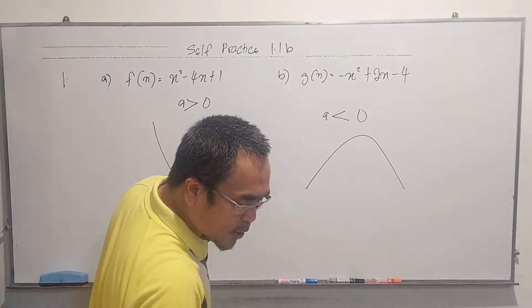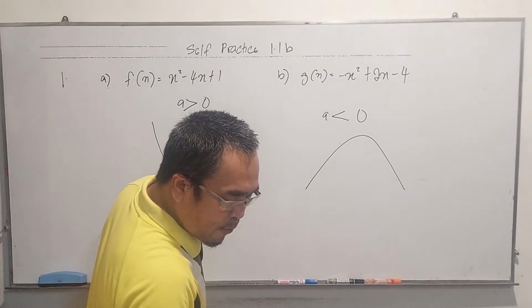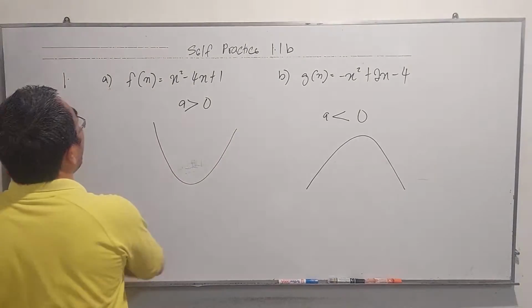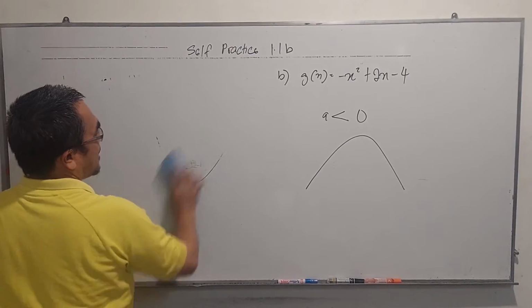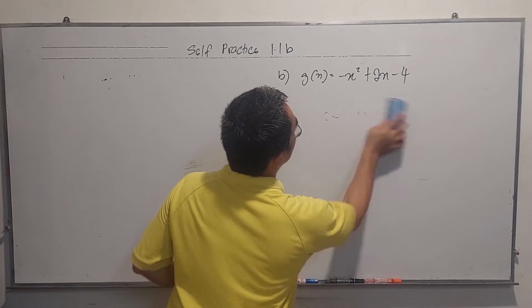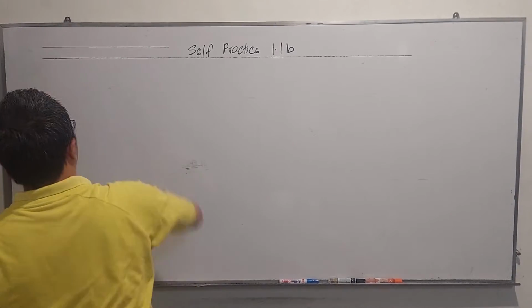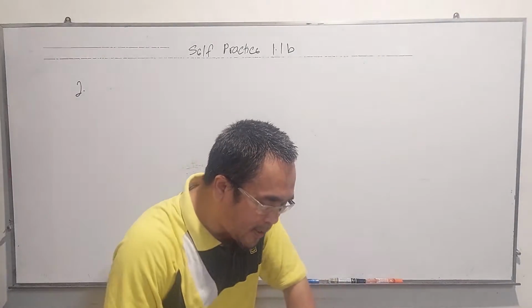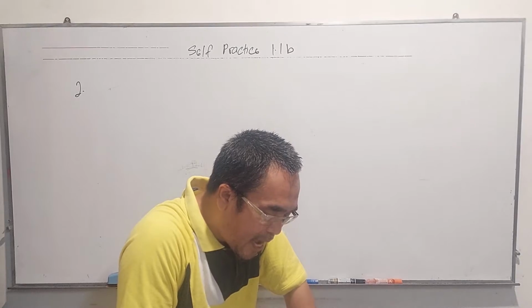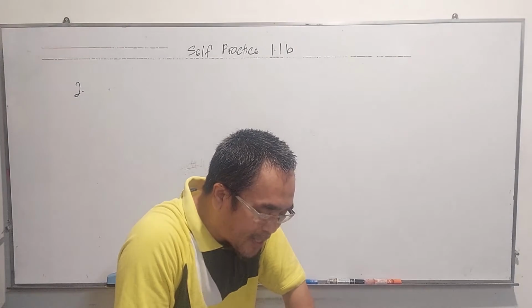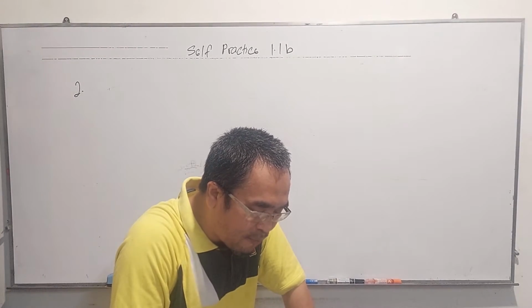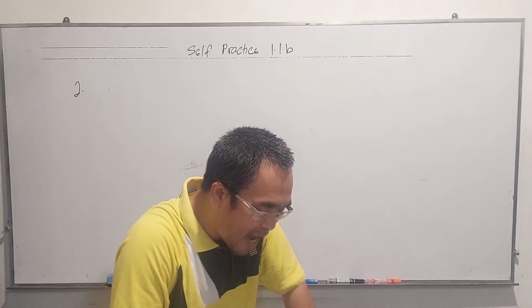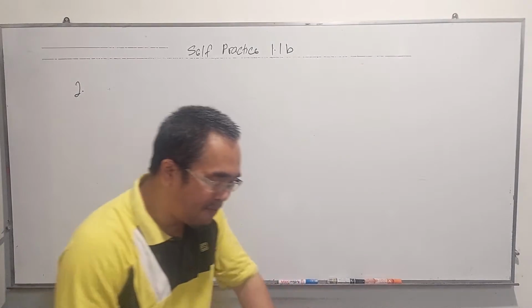And let's go to question number 2. For each of the quadratic function f(x) equals ax squared plus bx plus c below, state the range of value of A and state whether the graph has a maximum or minimum value.